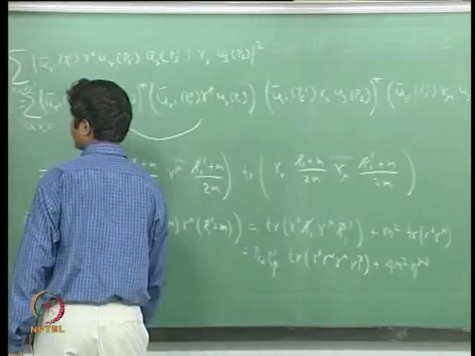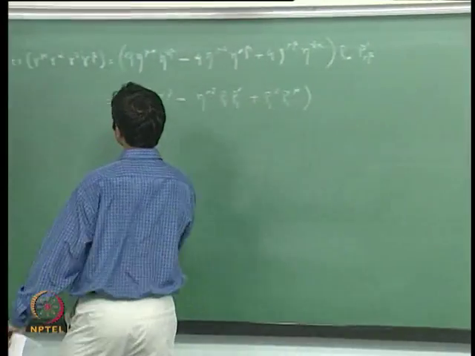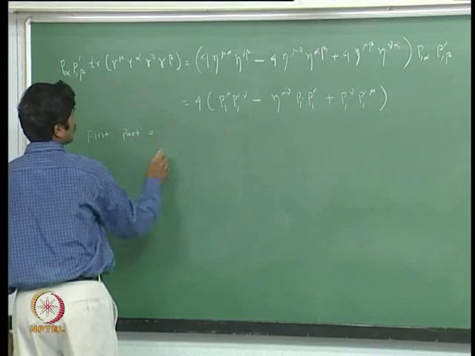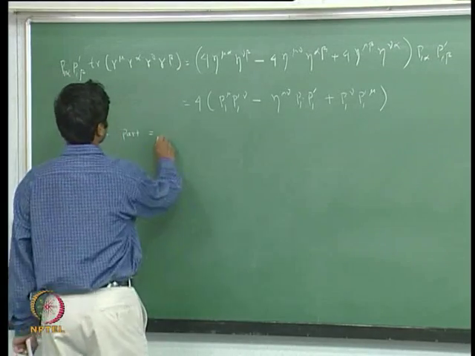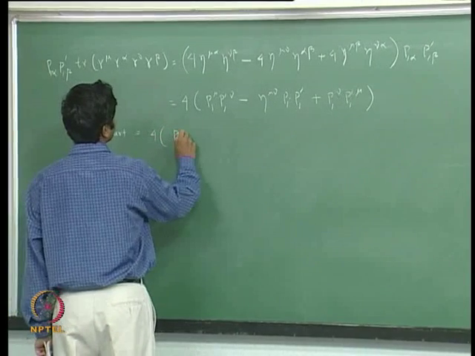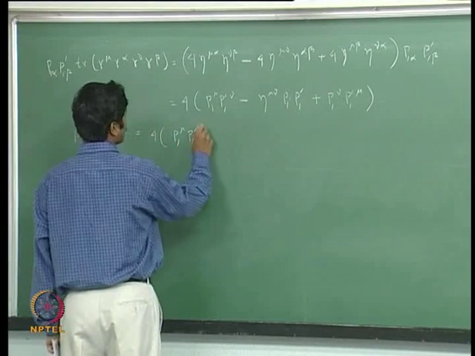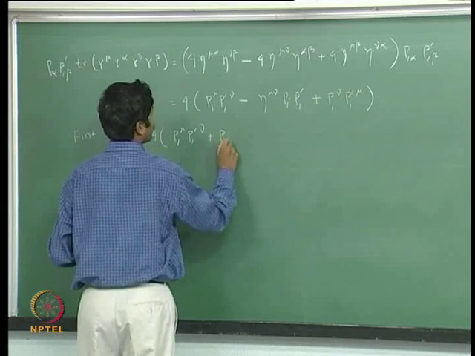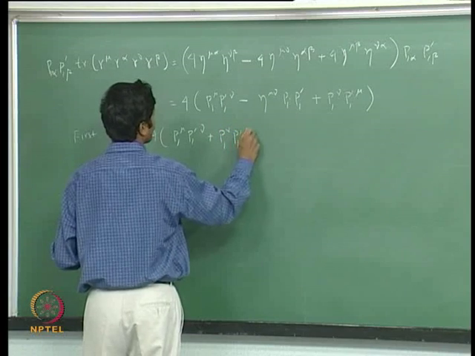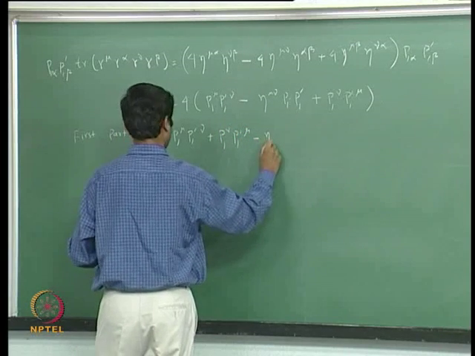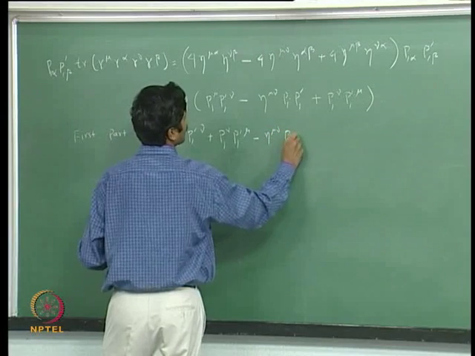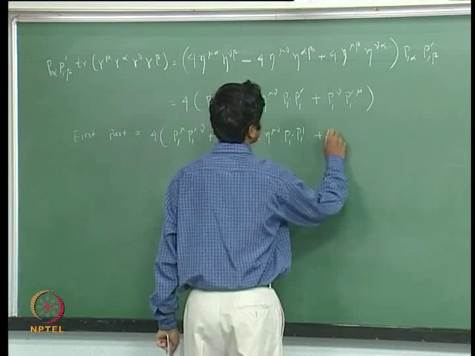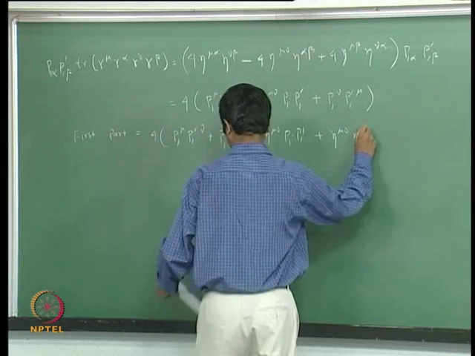So, when I do that, I get the first part to be equal to 4 P 1 mu P 1 prime nu minus, I will write it first, P 1 nu P 1 prime mu minus eta mu nu P 1 dot P 1 prime, and then finally plus eta mu nu times m square.